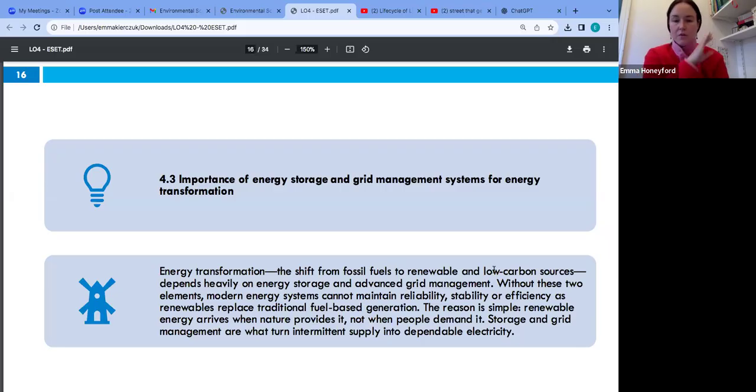So yeah, this is just important to think about how we can be flexible with this. And storage and grid management are what turn intermittent supply into dependable energy. So it's so important that the storage that we have in place and the grid management can deal with the changeable supply of energy from renewable energy.